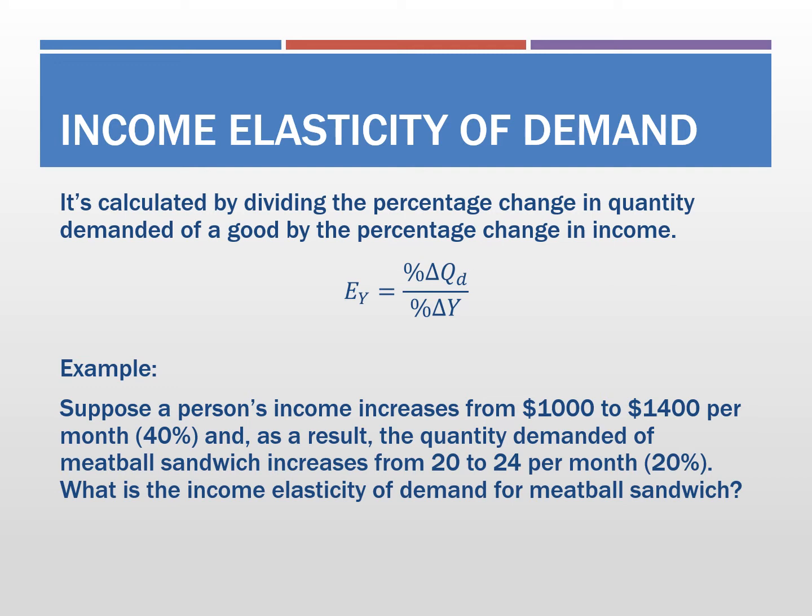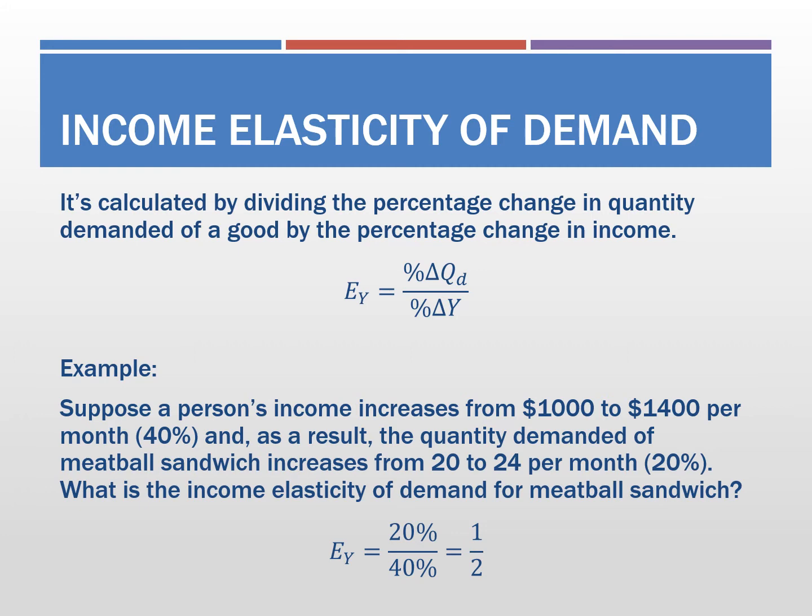To calculate the income elasticity of demand for meatball sandwiches from this person, it's pretty simple. We apply the same equation here, and we figure out the percentage change in quantity demanded for meatball sandwiches and divide it by the percentage change in income. And again, it's worth noting, both signs are positive. So at the end, you get a fraction equal to 1/2.